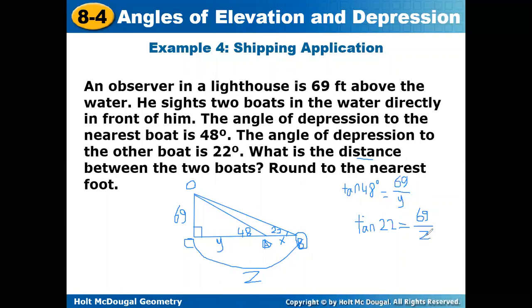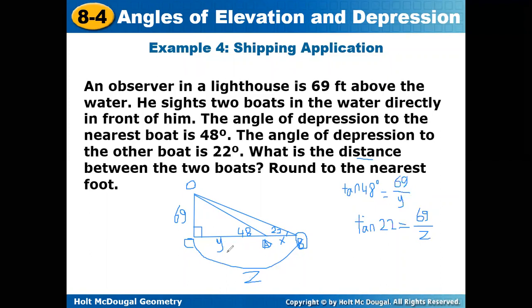And also to find the value of z, you will divide 69 by tan 22 because z is in the denominator. After we found y and z, you can find x easily by subtracting y from z, the small from the greater. So you can find the value of x by subtracting z minus y.